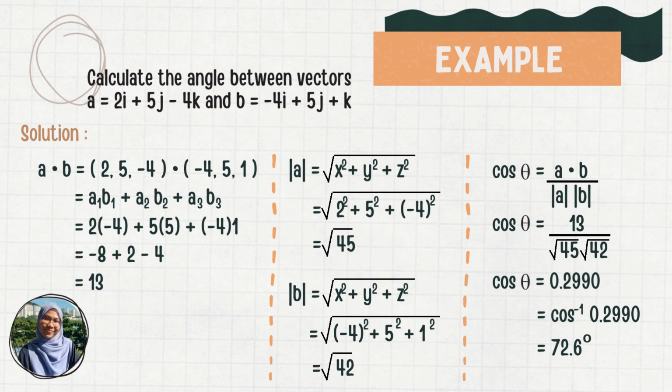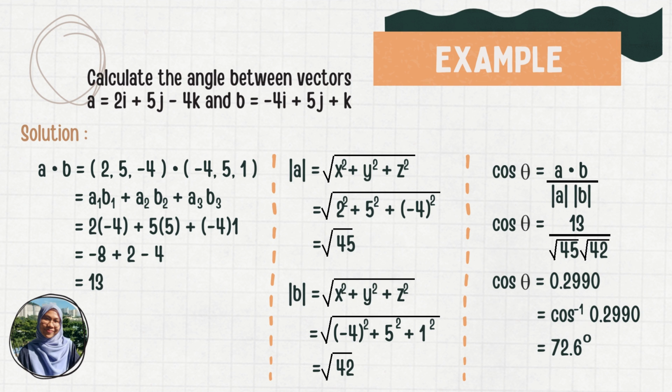And then by using the formula geometrically, which is cos theta is equal to A dot B divided by magnitude A times magnitude B, which will be 13 divided by square root 45 times square root 42.